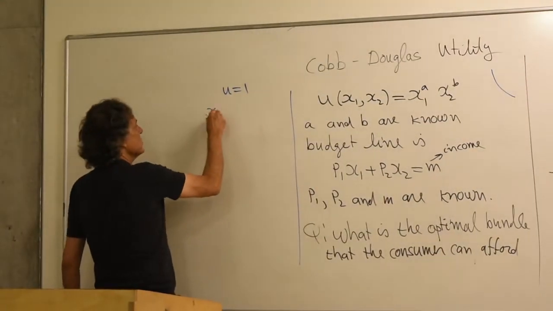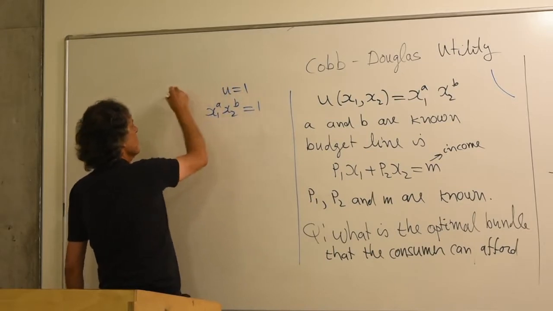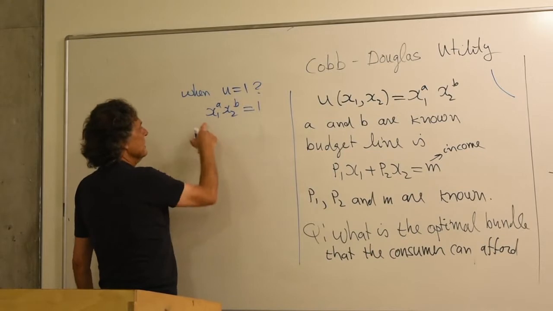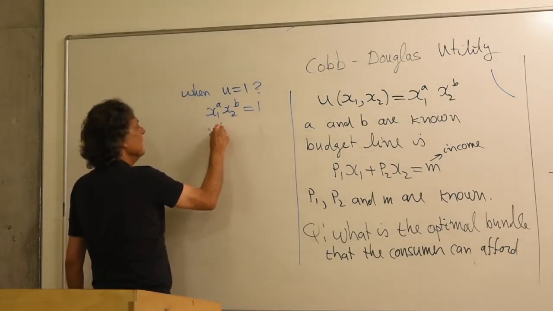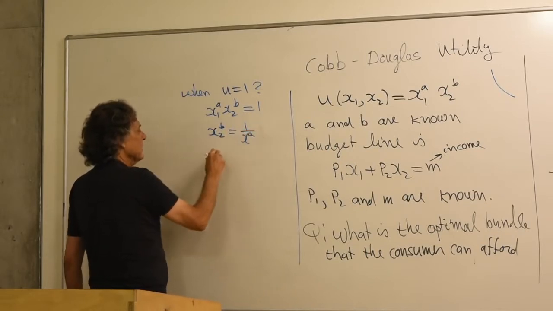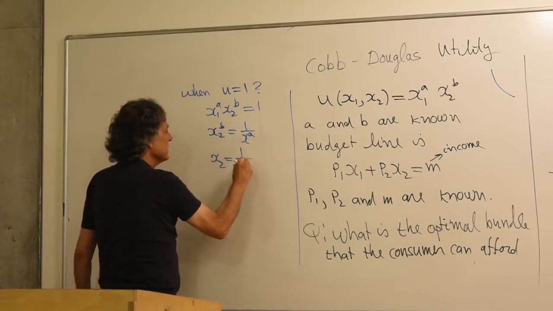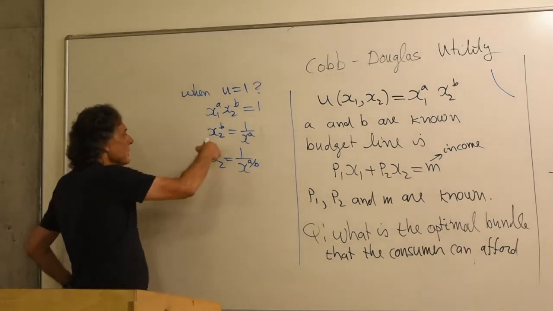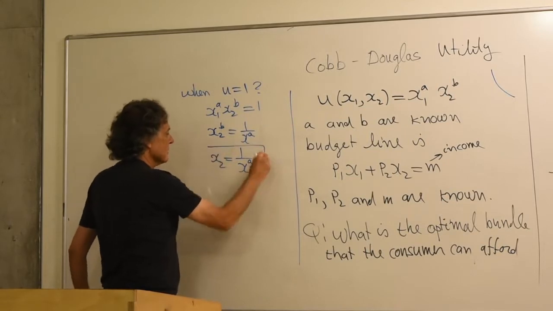This is when x1 to the a, x2 to the b equals 1. So x2 to the b equals 1 over x1 to the a, and x2 equals 1 over x1 to the a, to the power 1 over b. You take the power 1 over b in both of them, you get exactly this.